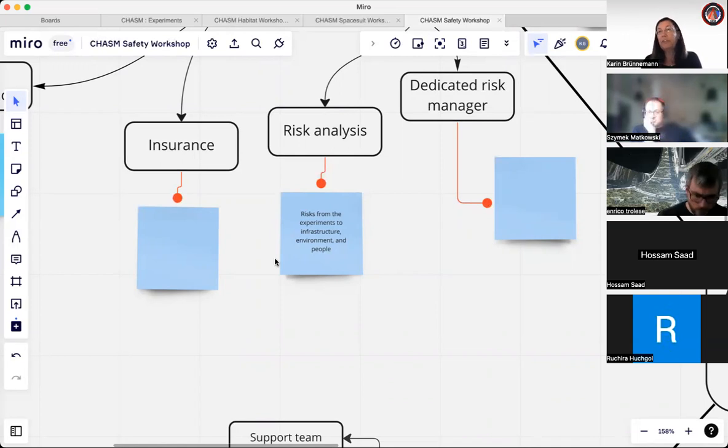And if it occurs, the impact is not too bad, so I give it a 2. To get the priority of the risk, I would then multiply these two. 3 times 2 is a risk factor of 6.